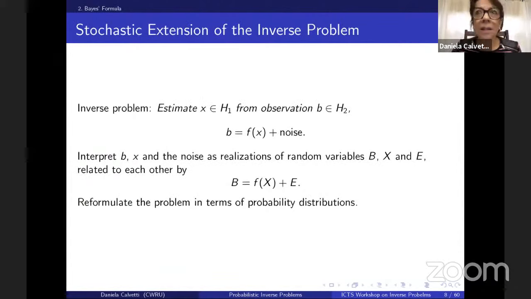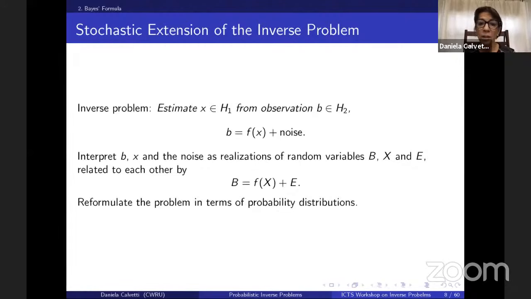So now let's look at inverse problems, and I'm going to use some sort of formalism here to define an inverse problem, and then take it into the stochastic world. So let's say that our inverse problem can be stated in general terms as: estimate a quantity x from a certain space, H1, from observations b.